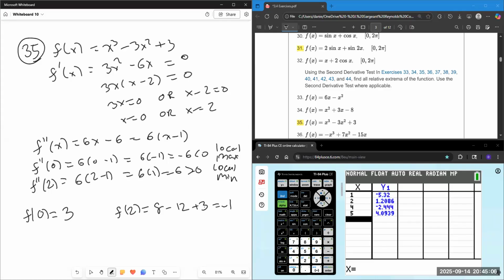So this gives me the point of 0, 3 that is a local max, and a local min of 2, -1.